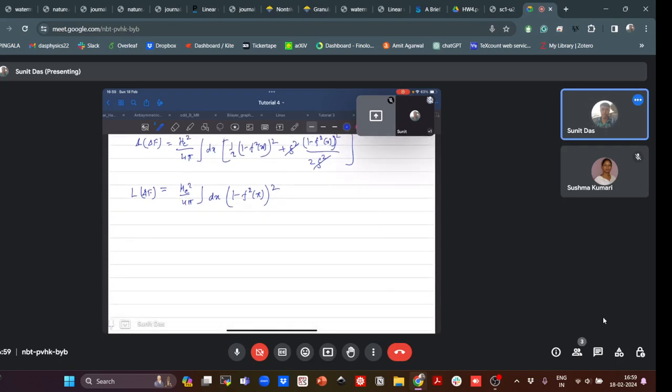Now if we try to explicitly evaluate, Hc square by 4 pi integration 0 to infinity dx, can we do it analytically or do we need to do numerics? That's what I'm thinking.